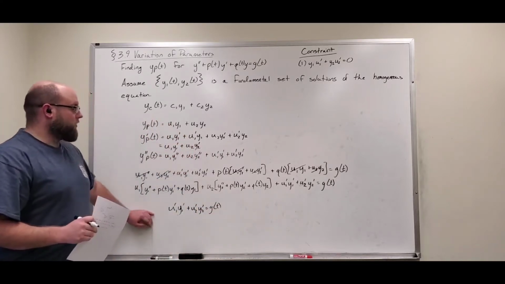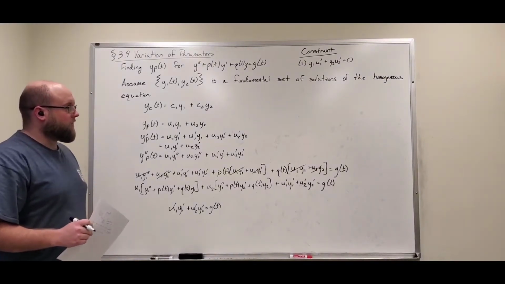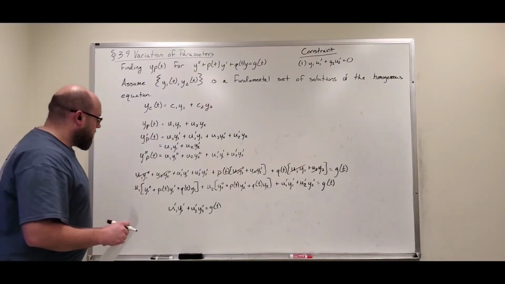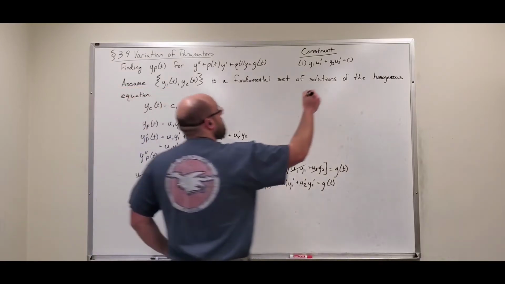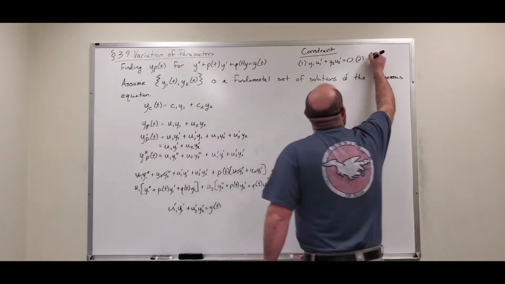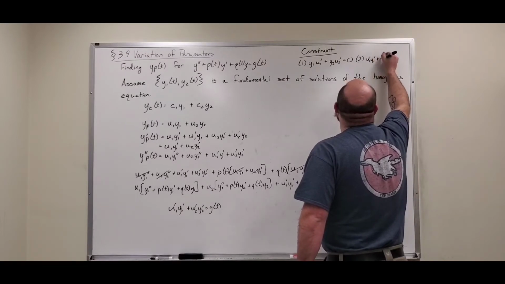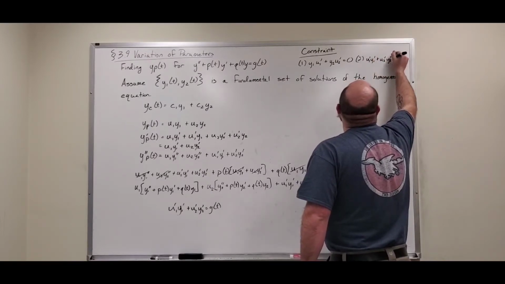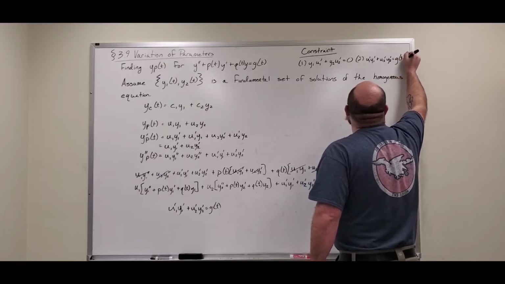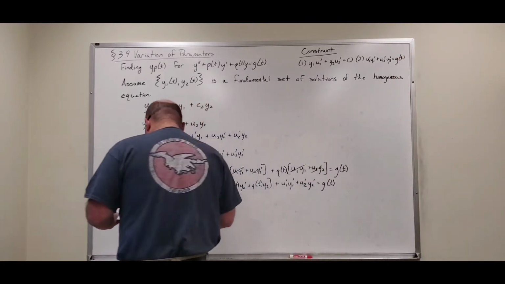This is our second constraint. We're actually going to be solving this here in just a second for u1 and u2. All right, so constraint 2 is that u1 prime y1 prime plus u2 prime y2 prime is equal to g of t. So that's our constraint right now.